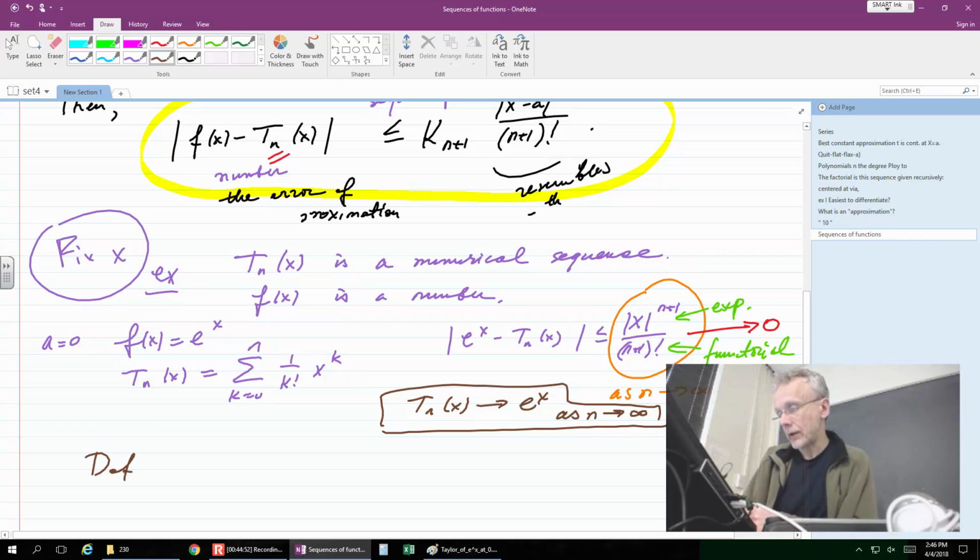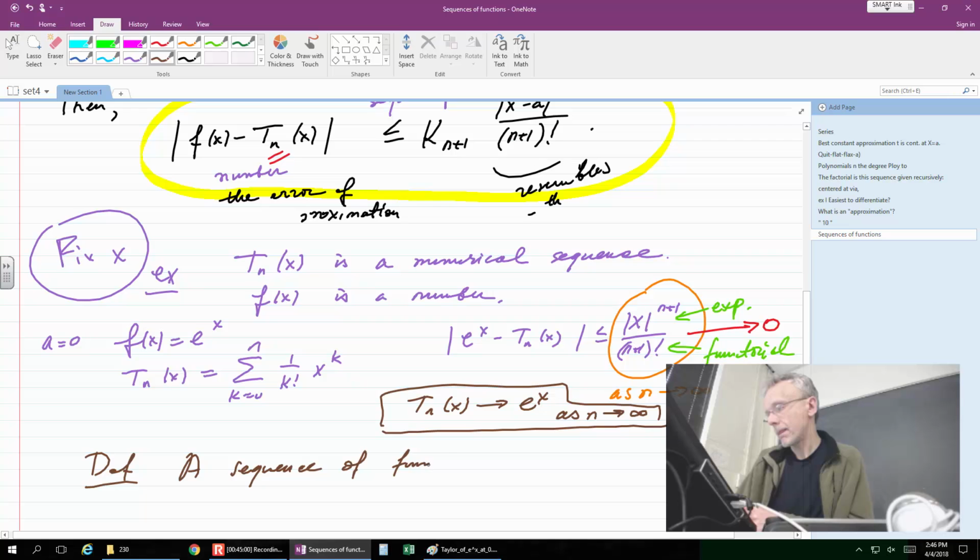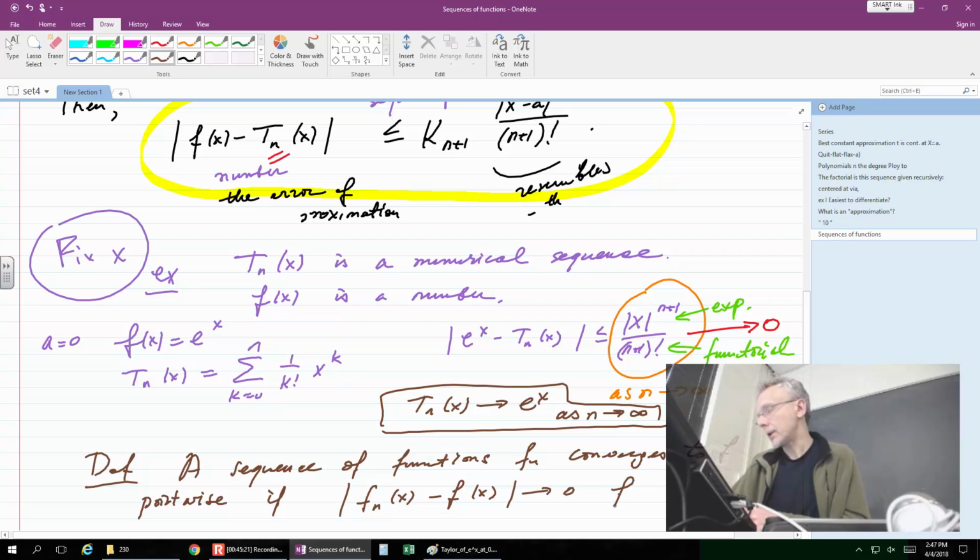So this is the definition: a sequence of functions f_n converges to f, another function, pointwise if f_n(x) minus f(x) converges to 0 for each x in the domain of f.